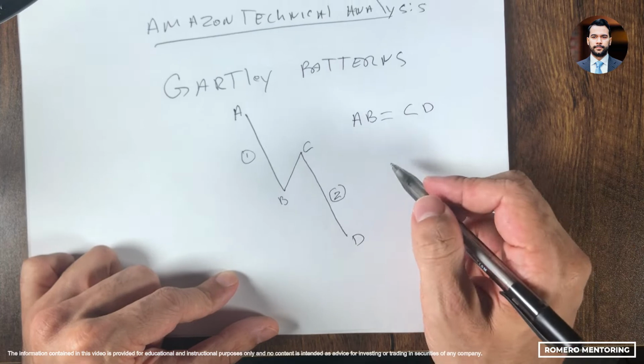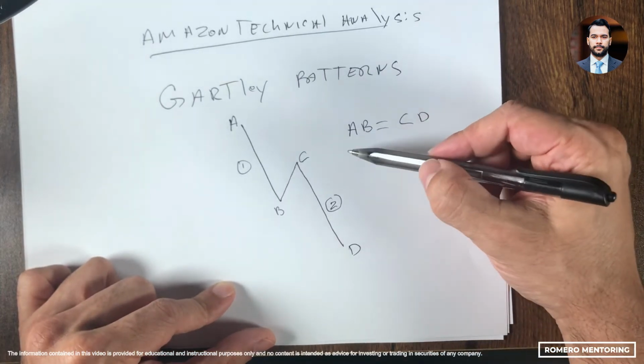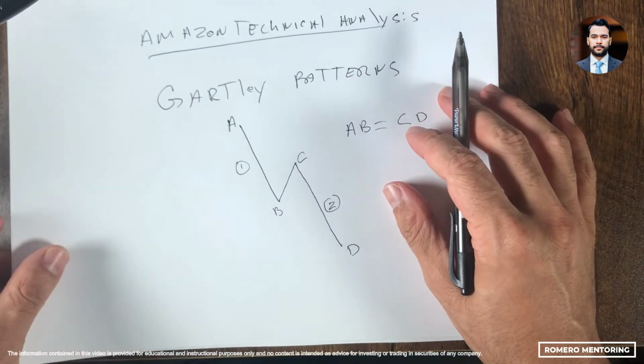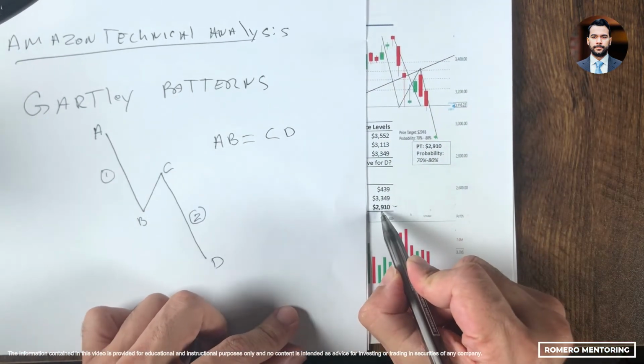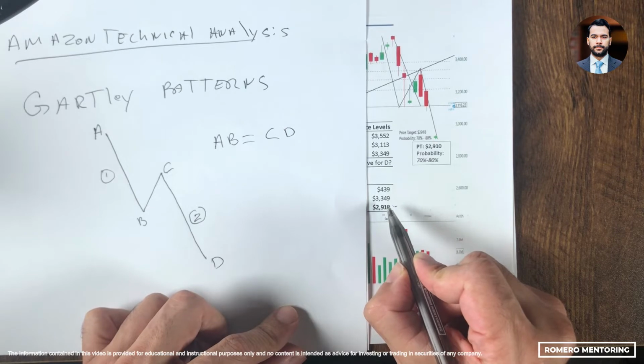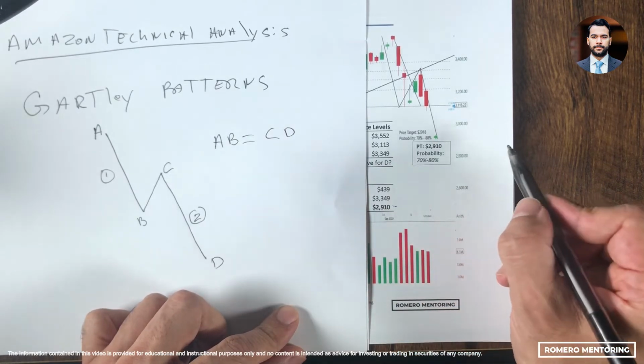So how do we apply this principle to Amazon stock price, where we ended up projecting a $2,910 price target for this upcoming week?